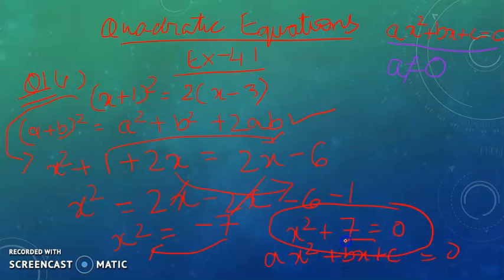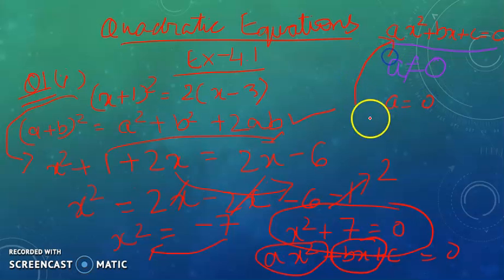Even if this x term is not there, we have to mainly check that this x square is there. The degree of the variable is 2, that is why it is a quadratic equation, always remember. And in the previous video I also explained that if a is equal to 0, this means the quadratic equation will reduce to bx plus c, then it is linear, it is not quadratic.